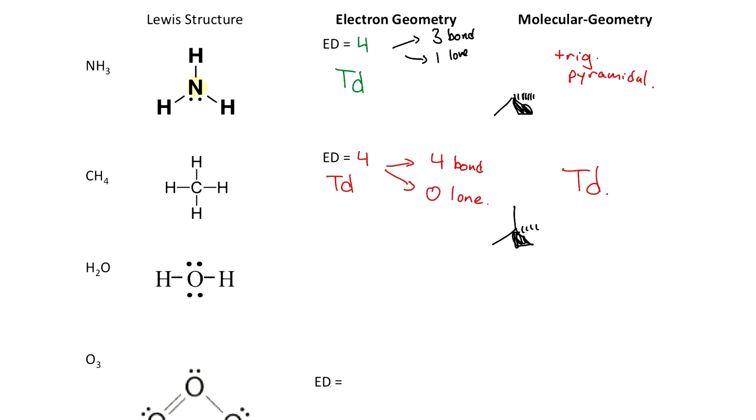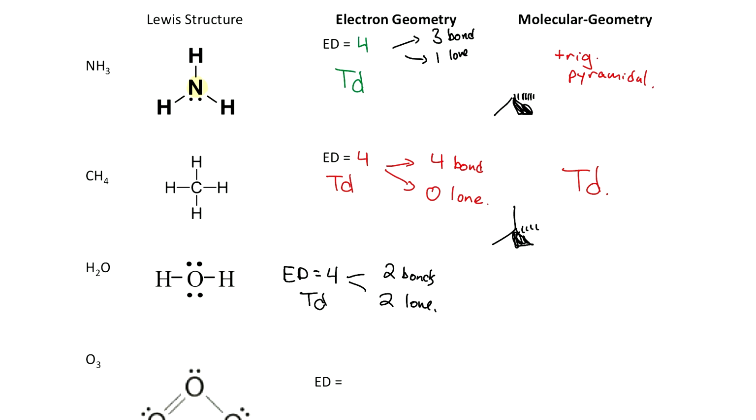But let's look at the next one, because we do have lone pairs we have to account for. Water. How many electron domains? 4. It is, again, tetrahedral, but this one's a little bit different. 2 bonds, 2 lone pairs.